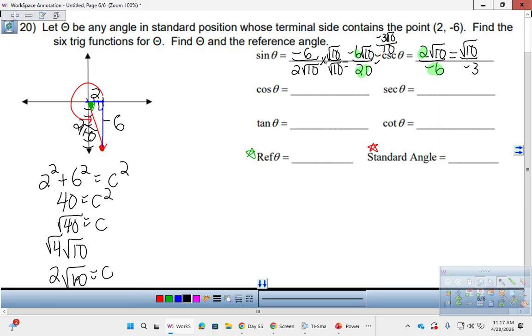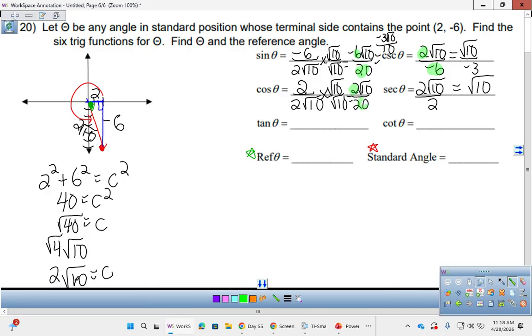Sine is opposite over hypotenuse. Cosine is adjacent over hypotenuse. So 2 over 2 root 10. Secant's just flipping that. The 2's cancel out. So it's just root 10. But I have to rationalize that one. If you guys are stuck on the rationalizing, let me know. I'm going through it fast because we've been rationalizing already in the previous unit, but I can talk about what I'm doing if you need me to.